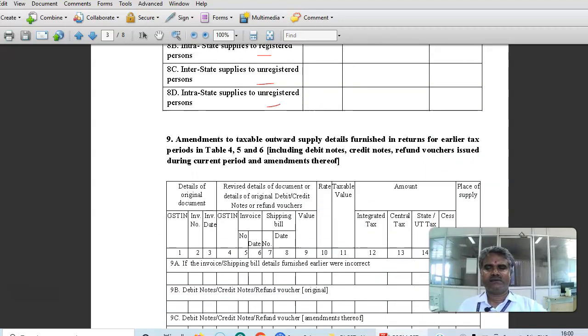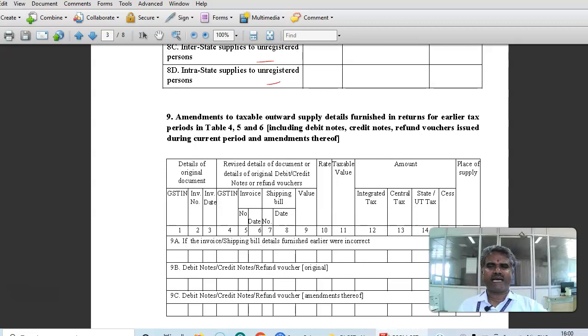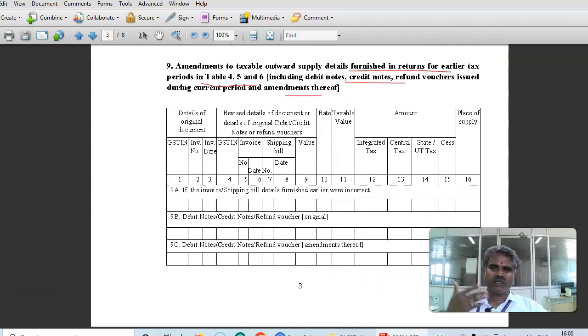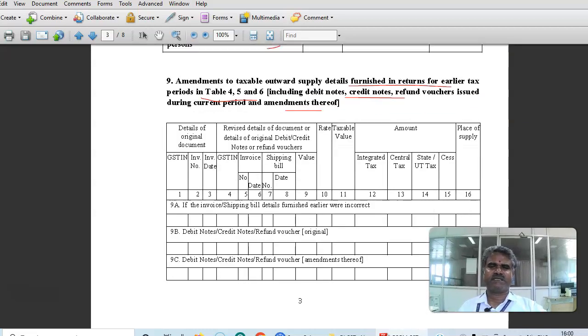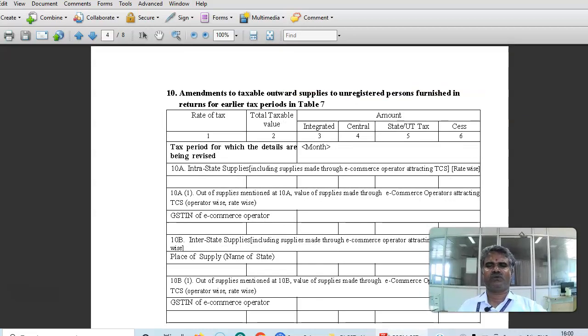Then amendments to taxable outward supply details furnished in return for an earlier tax period. If in table 5, 6, including debit note, credit note, everything. So here you see what all the information they want, everything you have to furnish. Amendment to taxable outward supplies to unregistered persons, furnished in the return for an earlier tax period.